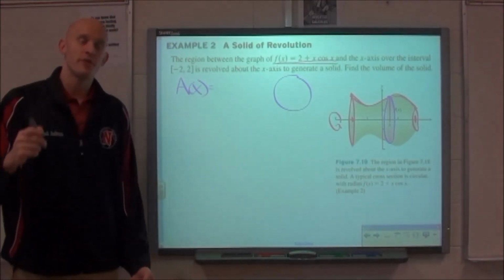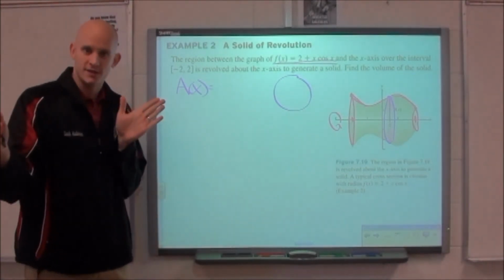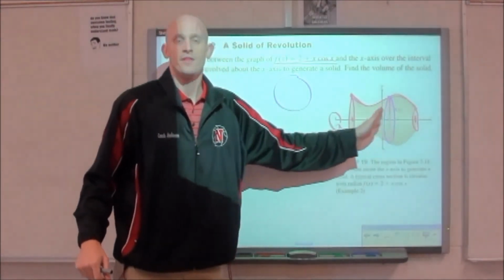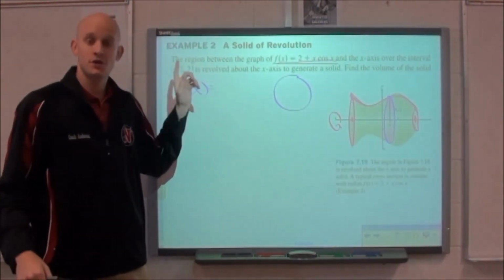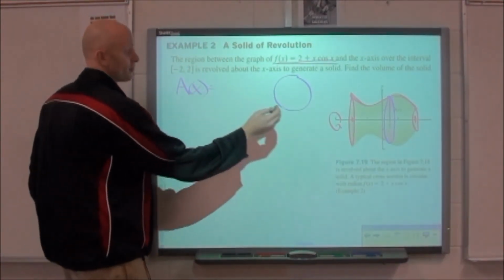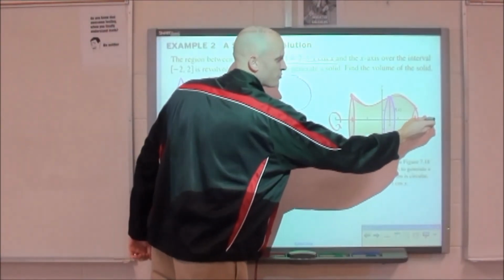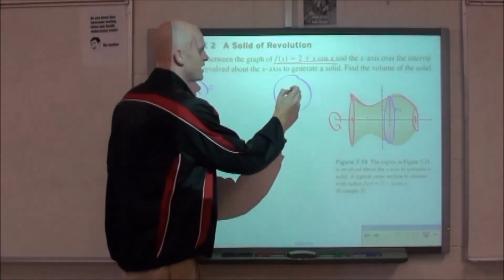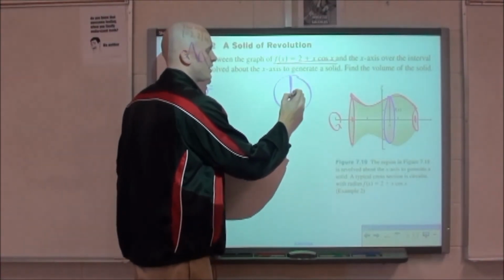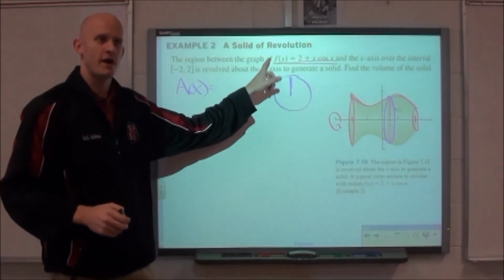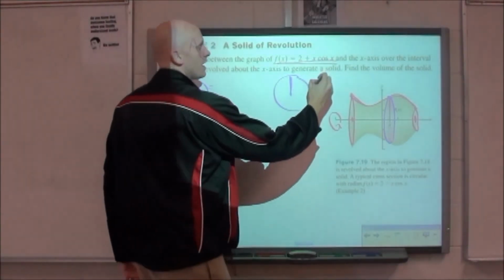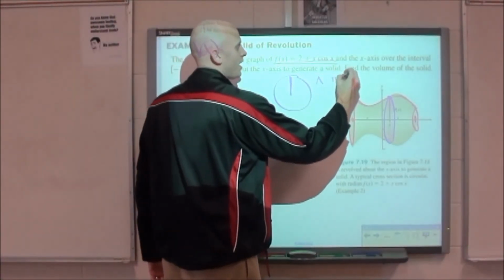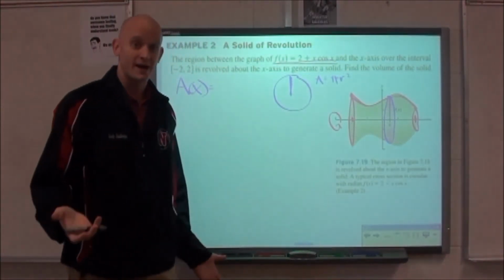Now, I need a formula for the area of any cross-section on this interval, -2 to 2. We know the x-axis runs right through the center. So you can kind of picture that as the x-axis. This distance here is what we need, because we know the area formula for a circle. Area is pi r squared. I need the radius.